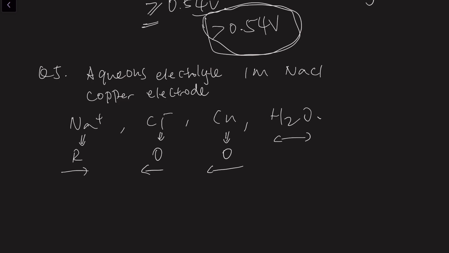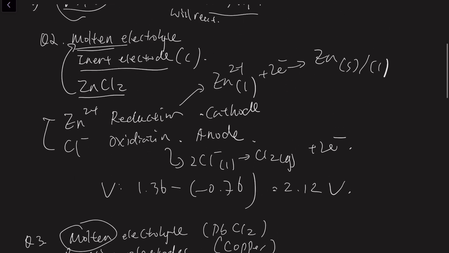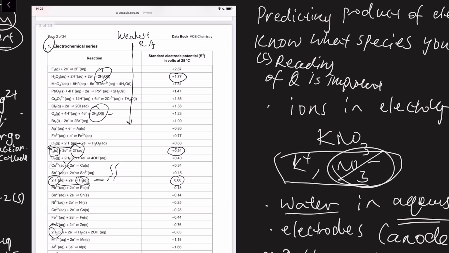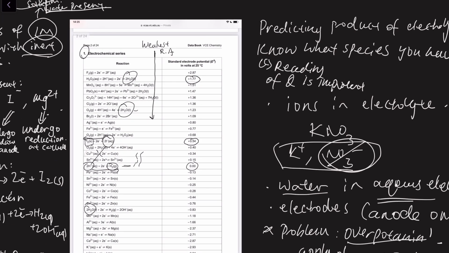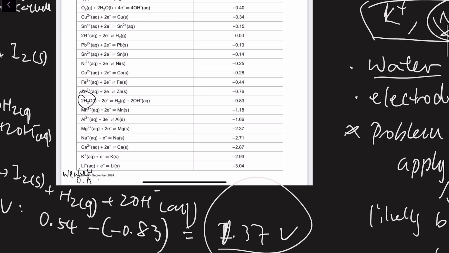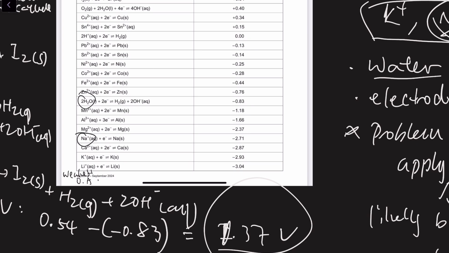So now let's go to the electrochemical series to figure out which reaction would occur. Again, we highlight water in the system. We have sodium ion, which is near the bottom.